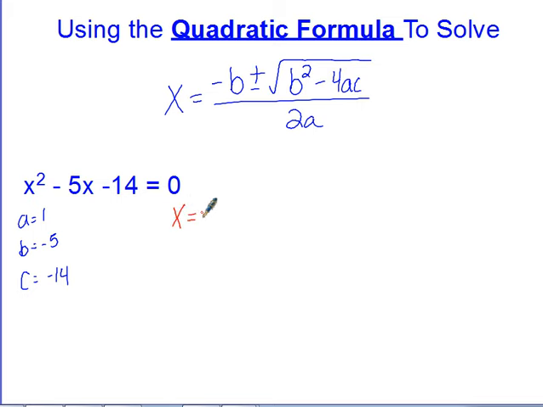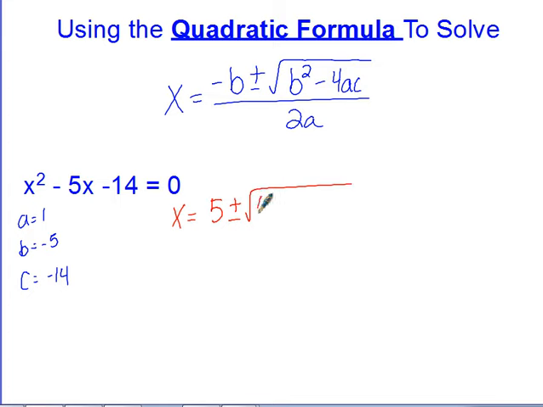Why is it 5, Olga? So she said, look, it's supposed to be a -b, but my b is what? So a negative of a negative turns it into a...? So it's 5 plus or minus the square root of, and then how do I write that?